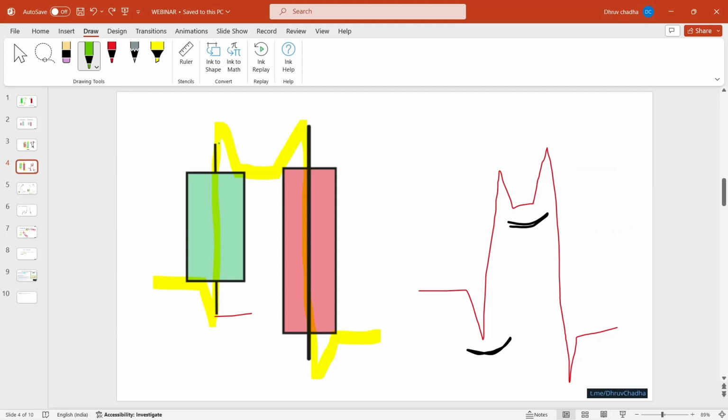So this QM engulfing pattern is quite powerful. The perfect engulfing pattern and the QM engulfing pattern are both quite powerful because we simply meet a requirement for the QM.